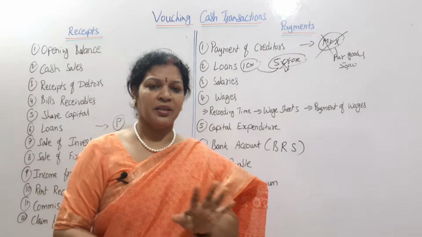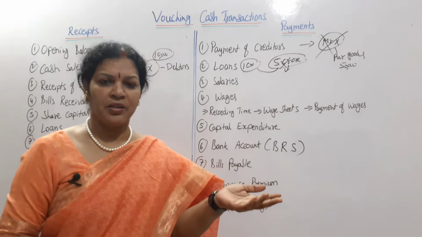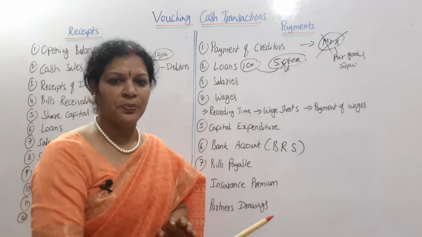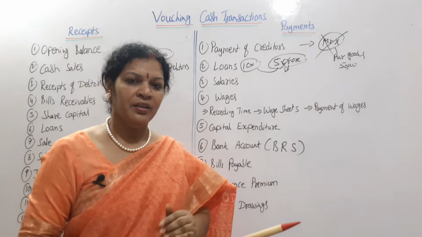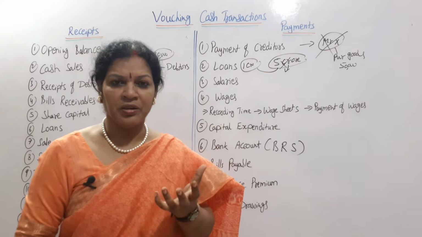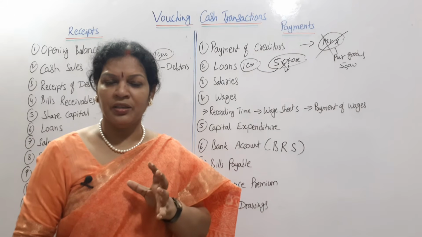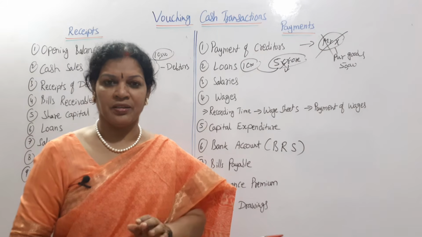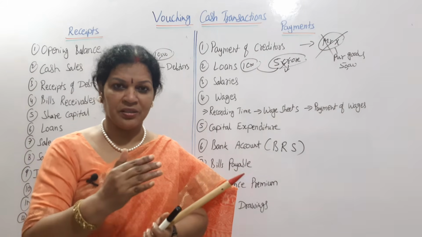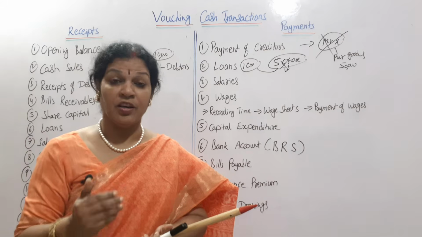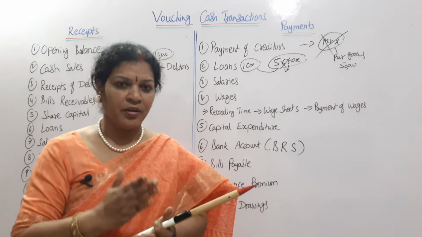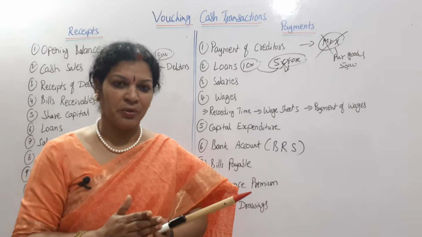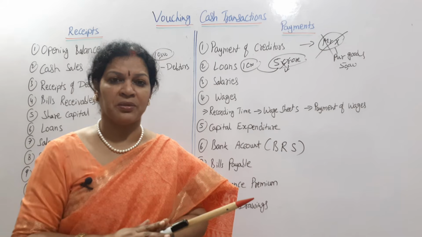In the same way, insurance premium. Every month or every year, according to the policy, the company has to pay the insurance premium. How do you verify? First of all, the auditor has to see how many insurances the company has taken, the agreement of the insurance company with this company, how many policies there are, and according to the policy, what the premium payment system is.